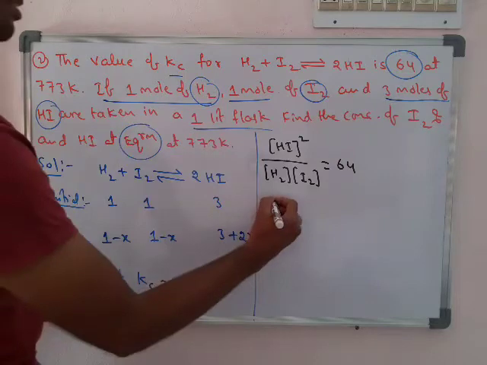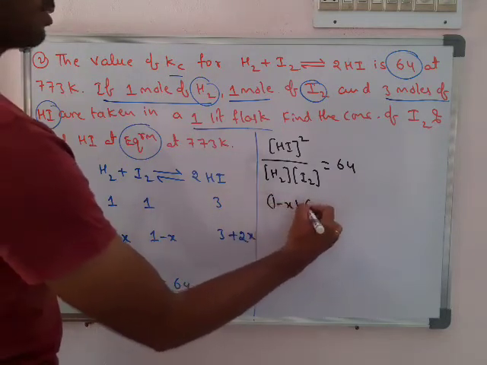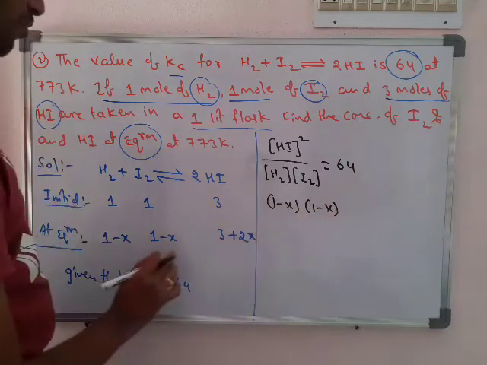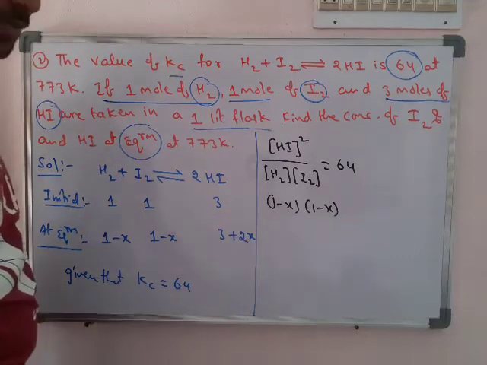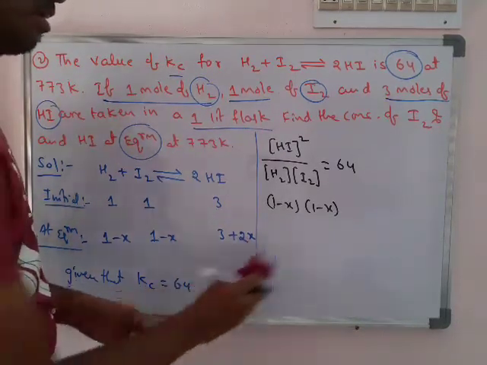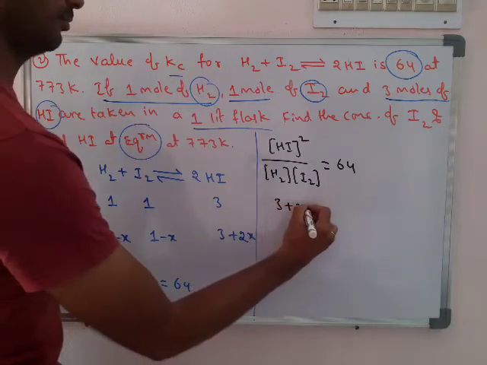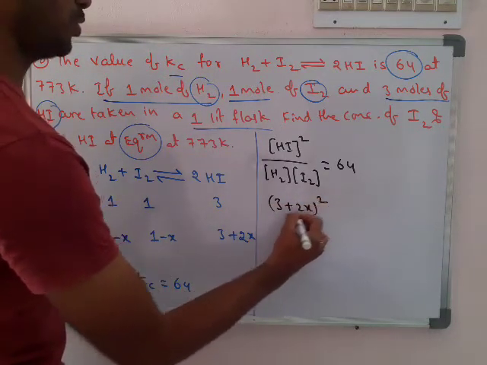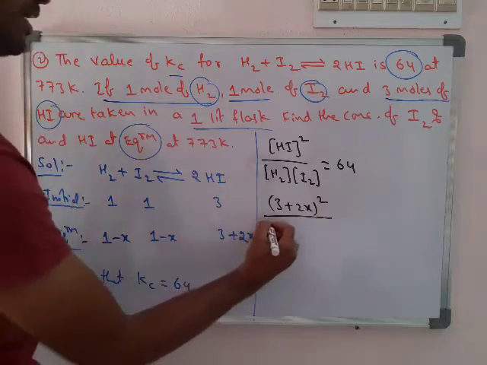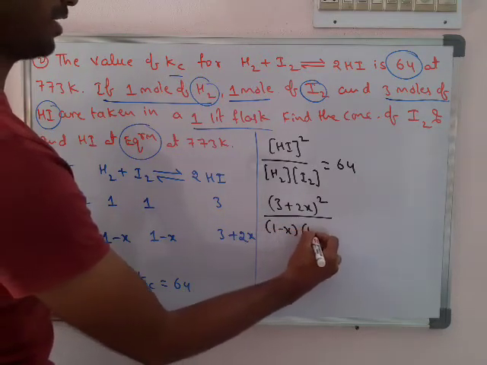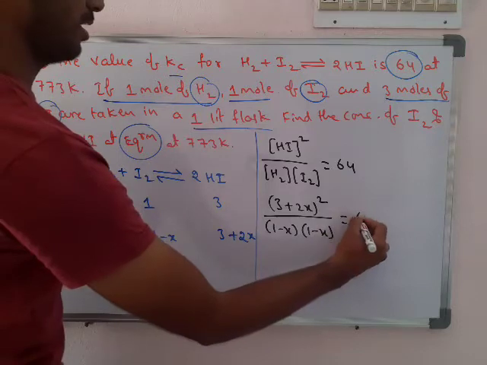At equilibrium the reactants are 1 minus x, and the product is 3 plus 2x, whole squared, divided by 1 minus x and 1 minus x, equals 64.